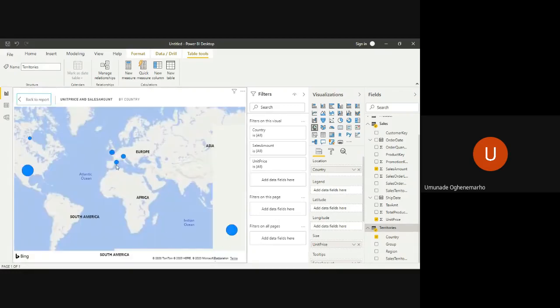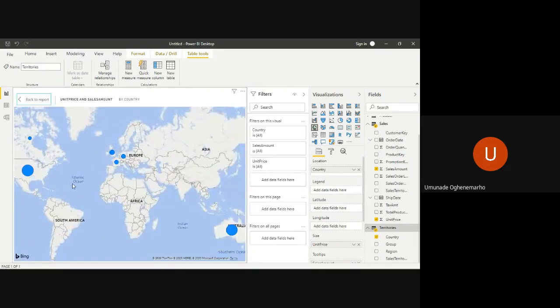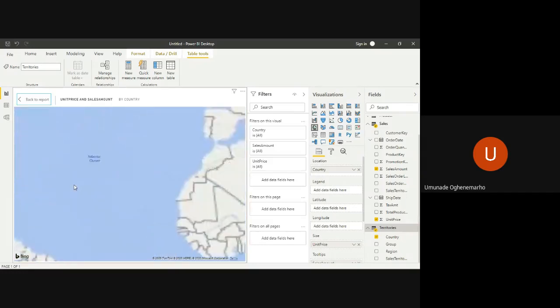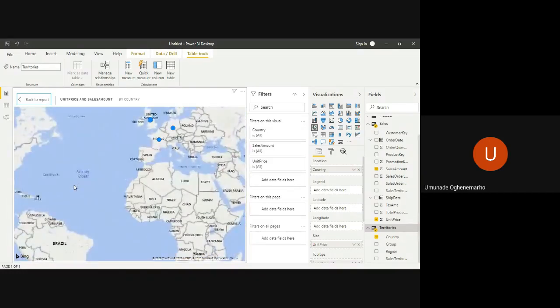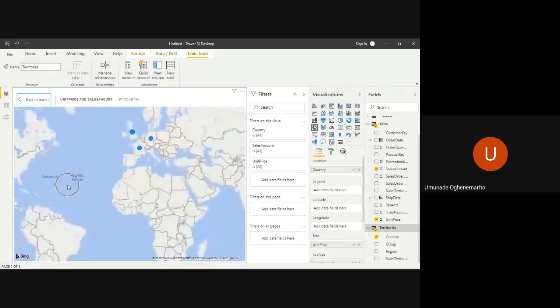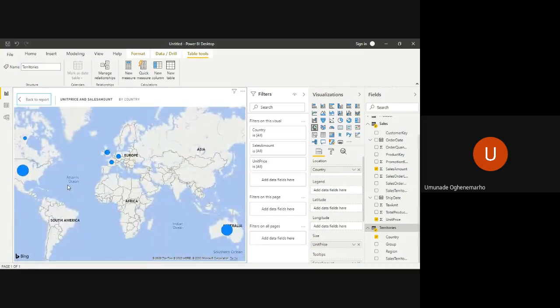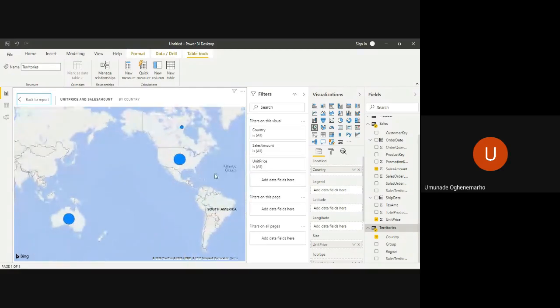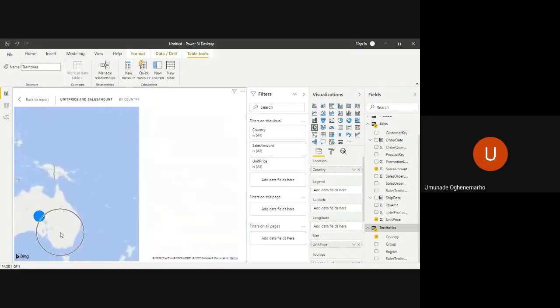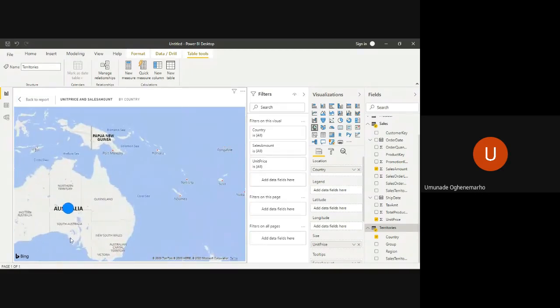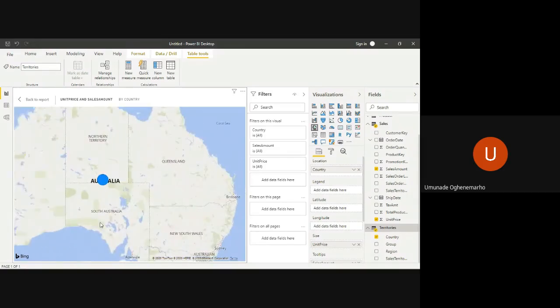And if we focus, we can see that this is already across. Oh, sorry, let me zoom out some more. If we zoom in, we can actually see the name of exactly where.